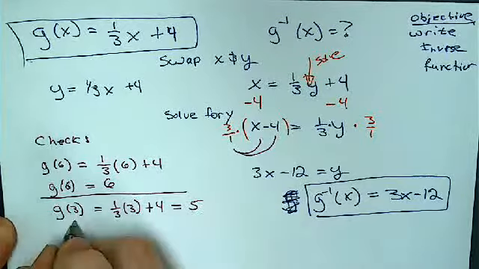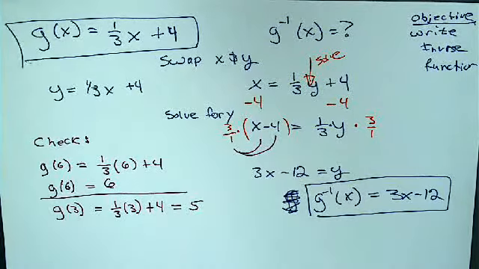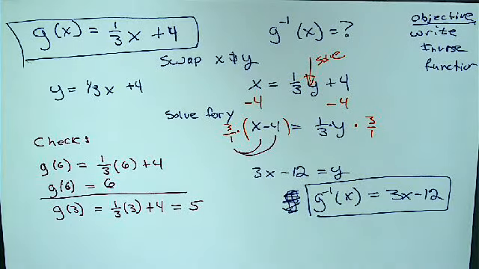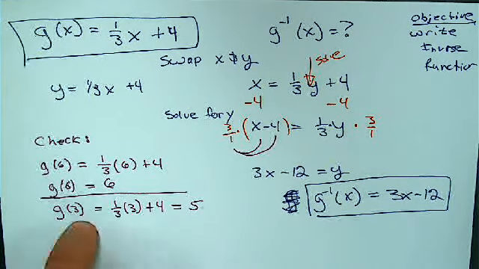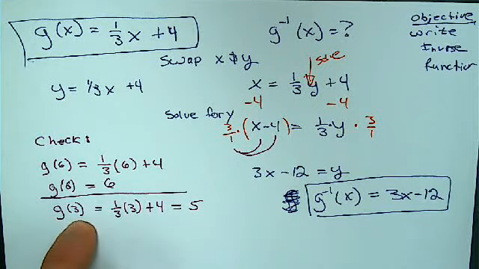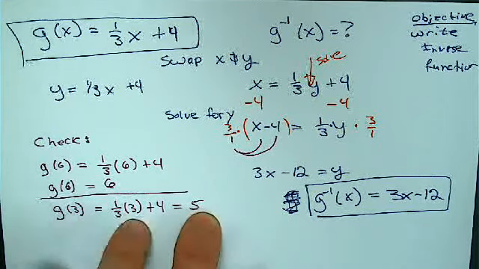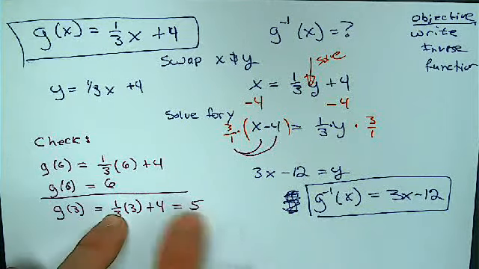So g of 3 is 5. Now the reason I did that is, as part of my check, you can pick any number you want for your check. 3 times a third is 1, plus 4 is 5.